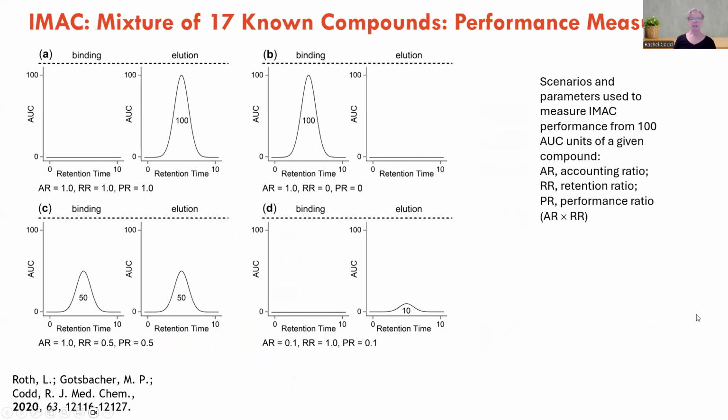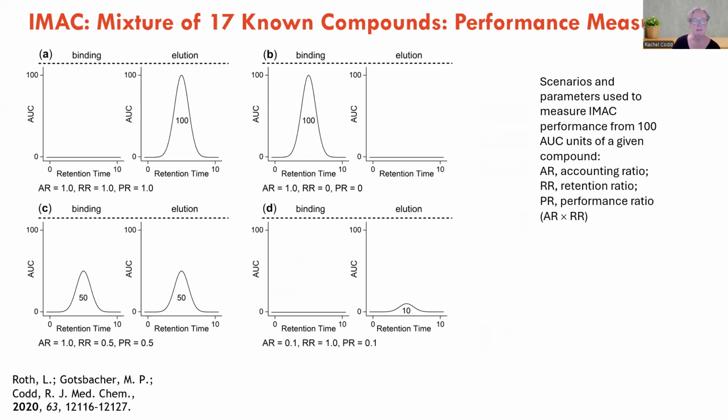So in designing an experiment such as the one I've just described, we needed to create some measurement parameters. And I think this helps in terms of looking at the results to come.